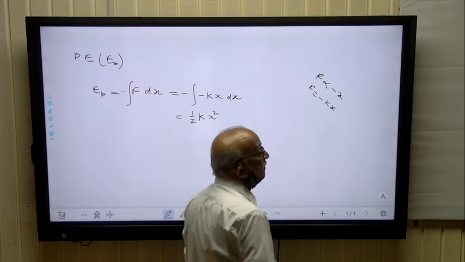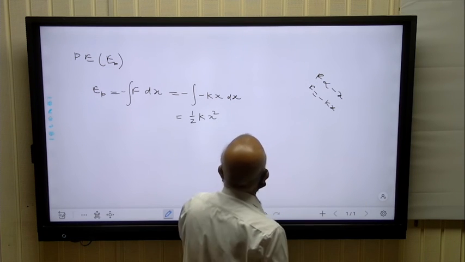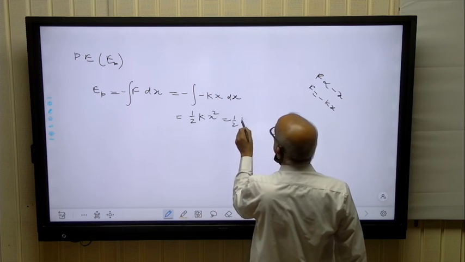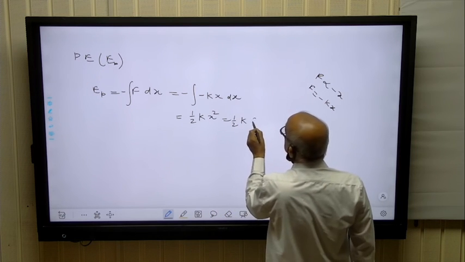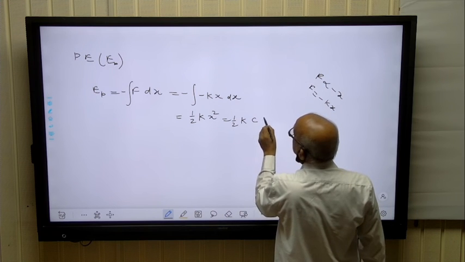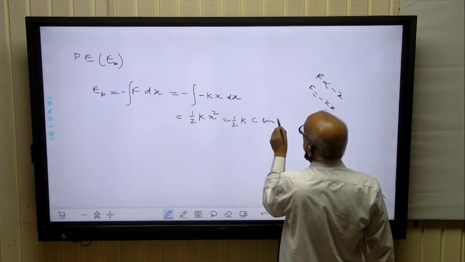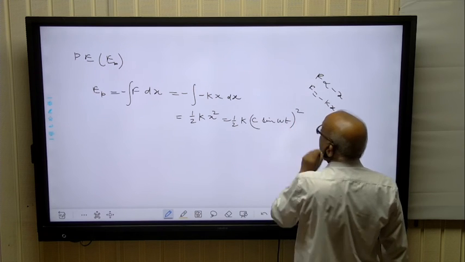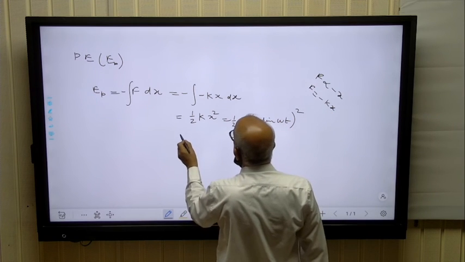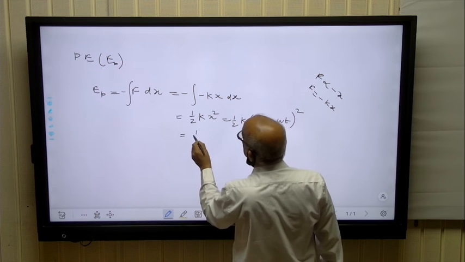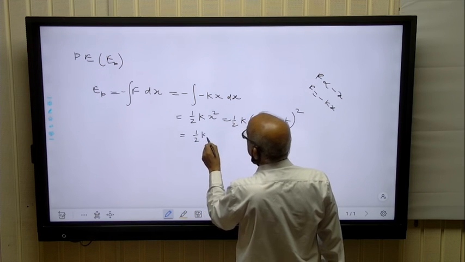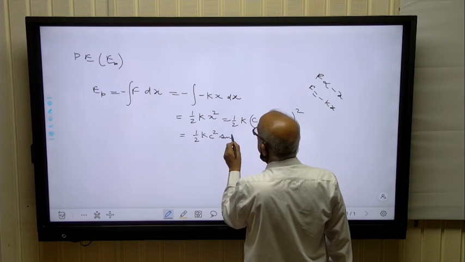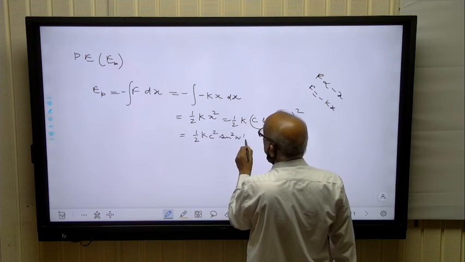But it is simple harmonic motion, therefore x is c sin omega t, squared, and this is just half k c square sin square omega t.